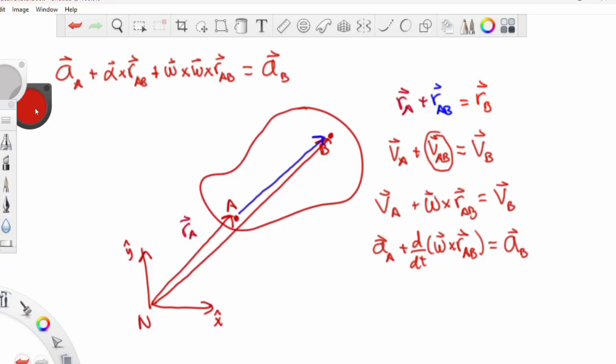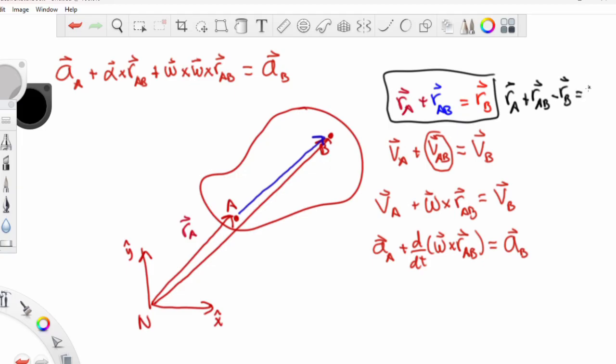But first, let's take a look at this expression. This is again a vector, a loop of vectors. We see that this description that we defined here is the same as RA plus RAB minus RB equals 0.